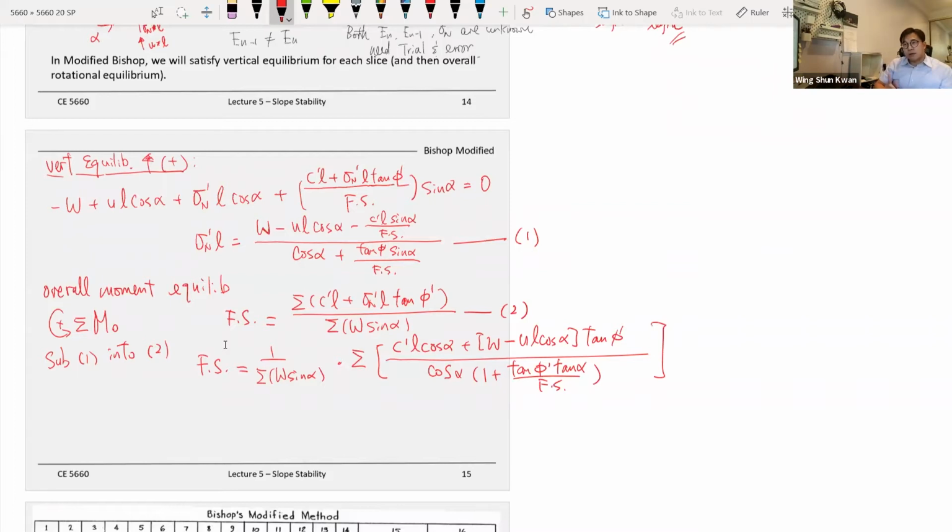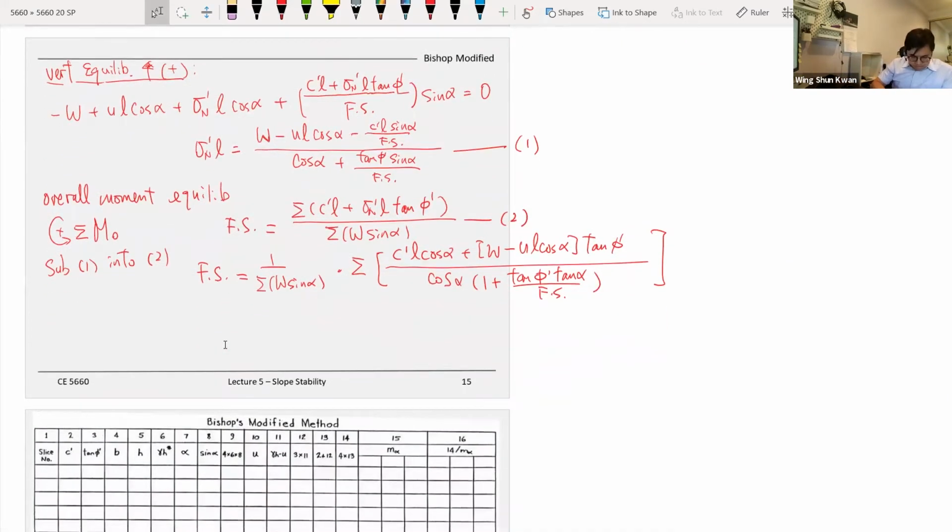You realize there are two factors of safety over here. It's because you have more unknowns than equations to solve for the whole thing. So we talk about how to get around that. So these are the equations that you got, and at the end of the day, you can simplify these equations into this formula, which is compatible with the procedure recommended by Bishop.